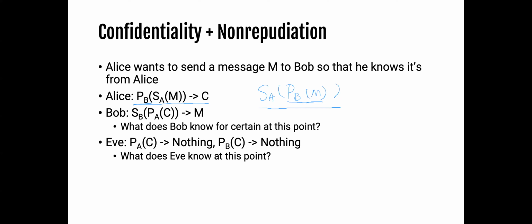But then looking at the second part, Bob can use his own key to decrypt it. So Bob will be able to get this message, and Bob knows that this message comes from Alice.